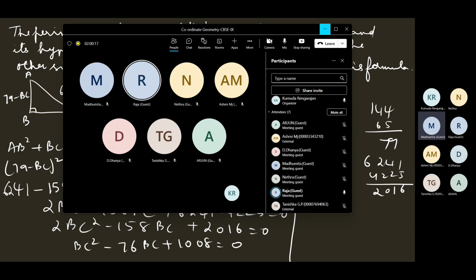Yes. Netra? Yes, ma'am. Srijana? Yes, ma'am. Danya? Yes, ma'am. Tanishka? Yes, ma'am. Arjun? Yes, ma'am. Rashmika is not there. Sanjay and Sindhu are not in the meeting.